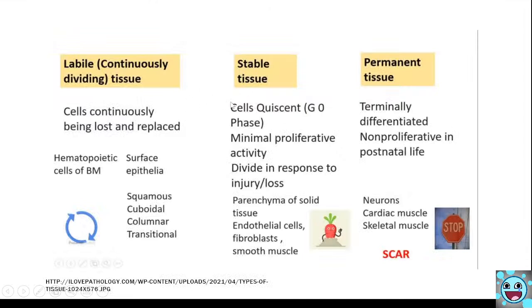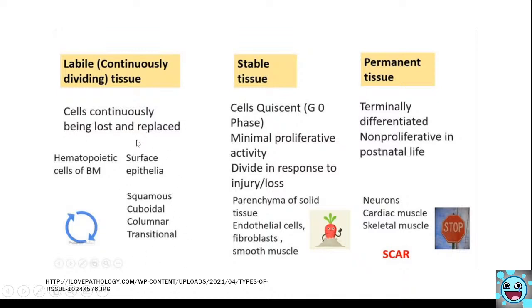Here we can see some tissues in our body can regenerate easily. For example, if we have a cut in our skin, it will be able to close easily. Why? Because the cells of the skin, in this case the epithelium, constantly divide.